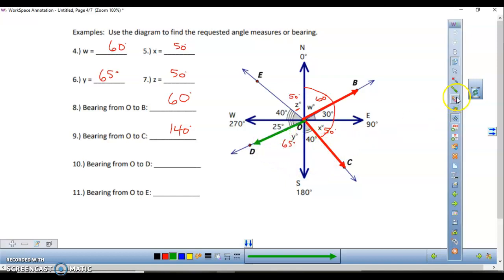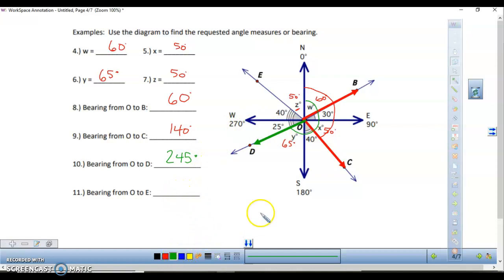Well, 65 degrees past 180 is 245 degrees. Or you'll notice that's 25 degrees before you got to 270. So you could have done 270 minus 25, which also would have given you 245.